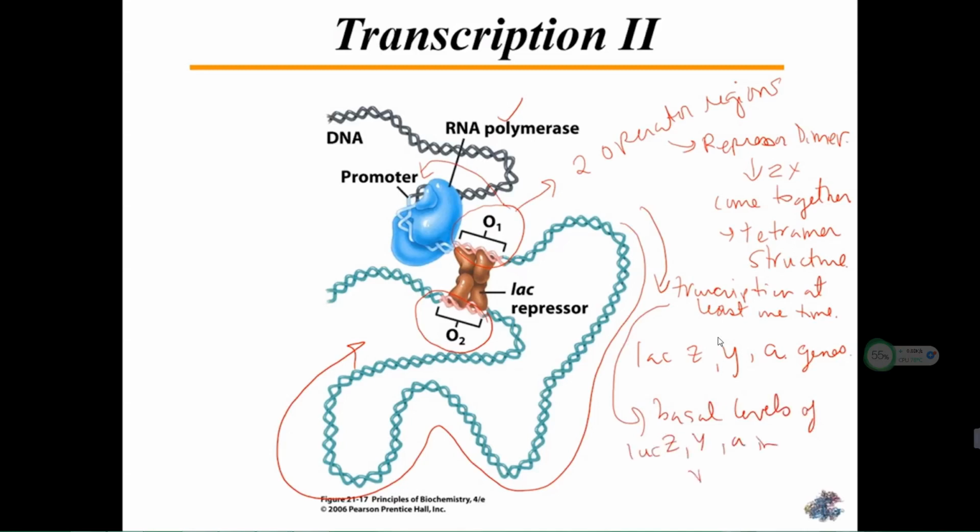That's why we have basal levels of beta-galactosidase, the permease, and the transacetylase, because the tetrameric repressor does come off for a short amount of time, and prior to binding again, the RNA polymerase is able to carry out at least one round of transcription of the operon to ensure that there are basal levels of the 3 proteins within the cell.